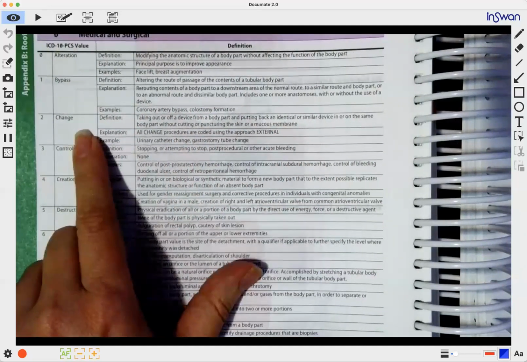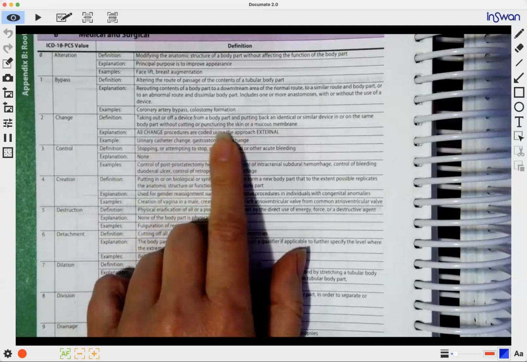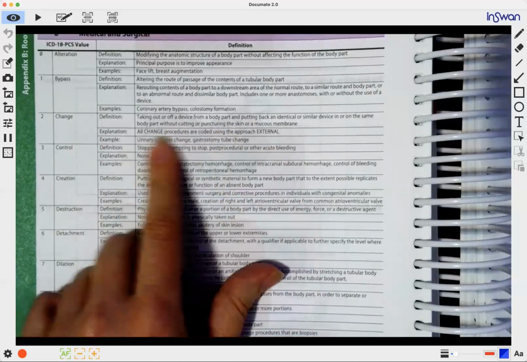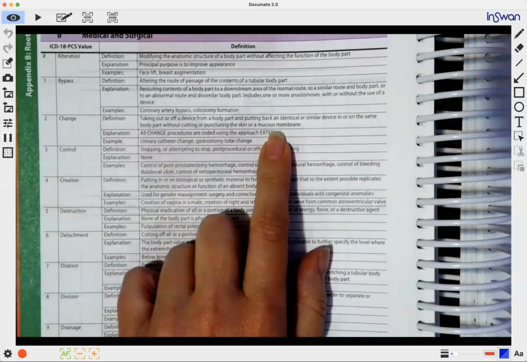So for change, because it says without cutting or puncturing, the approach is always going to be external. So that's a good tip for you. Whenever you're coding change, your operative approach is external.